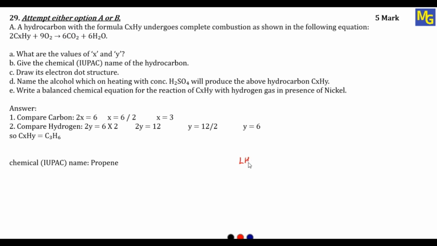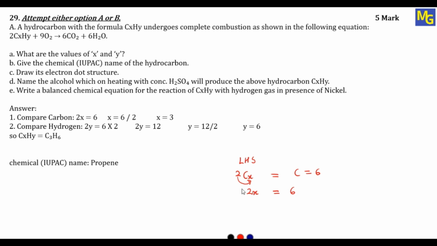So if on the LHS you have 2Cx and on the RHS the carbons are 6, then the same number of carbons should be there on the left hand side also. So how many carbons on the left hand side? 2 into x, it is 2x, is equal to how many carbons on the right hand side? It is 6.